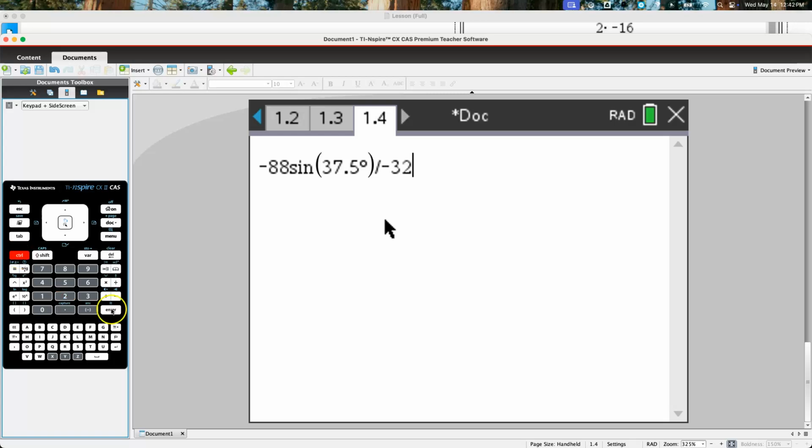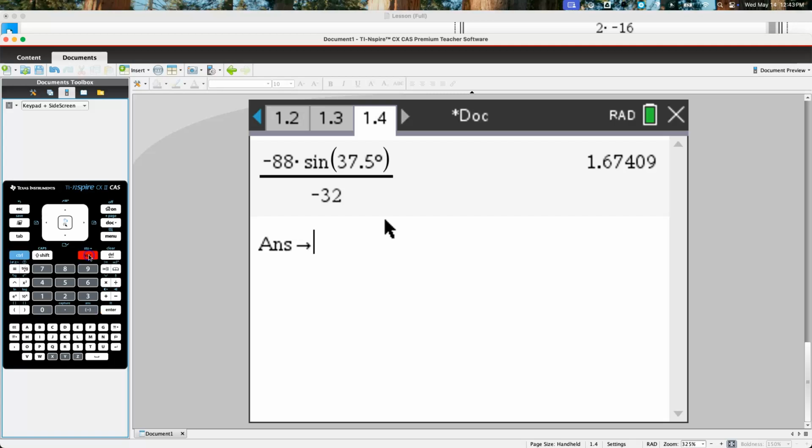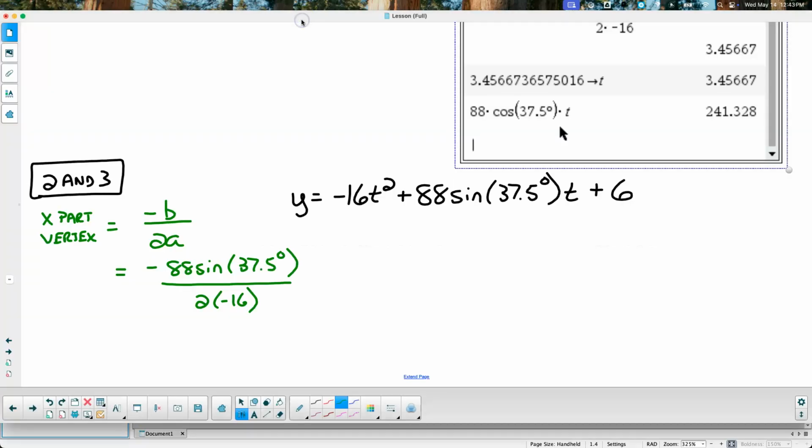I will just do the 2 times negative 16 in my brain. So that time that it took to get to the vertex, the maximum height, if you will, was 1.67409 seconds. Again, I'm going to store that. I can override my last t. Now that I'm done with that t, I'm going to override that t by putting it in there now for t. 1.67409.